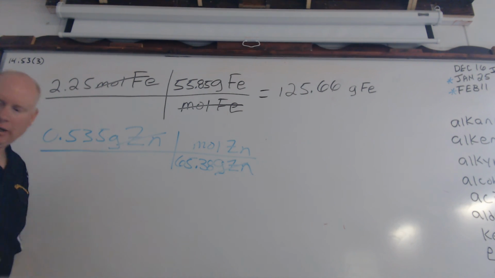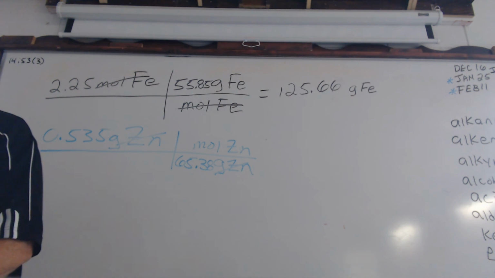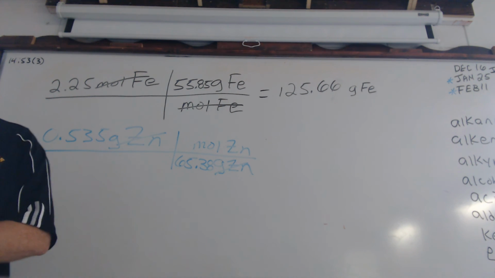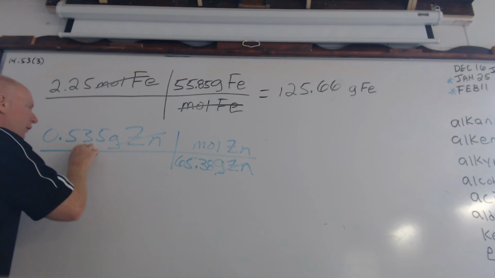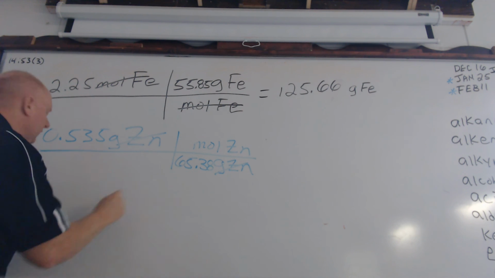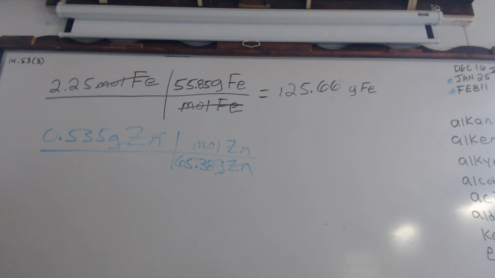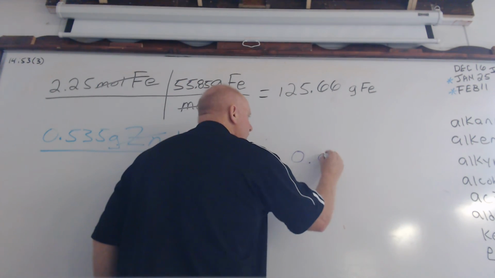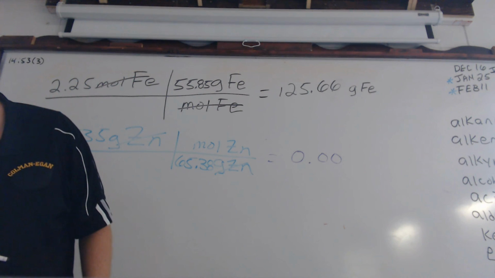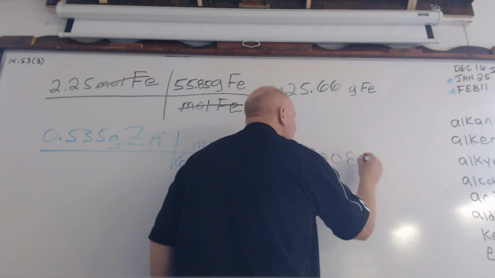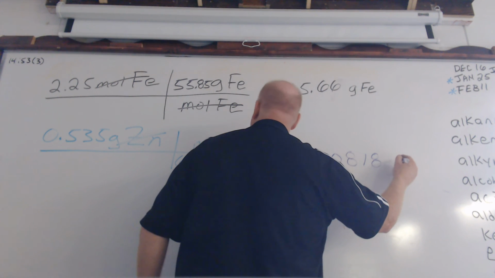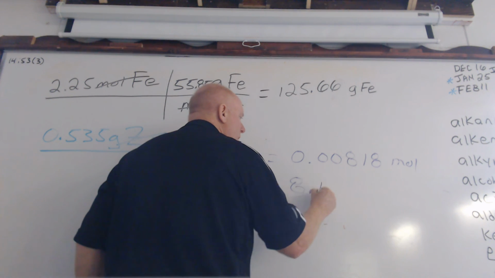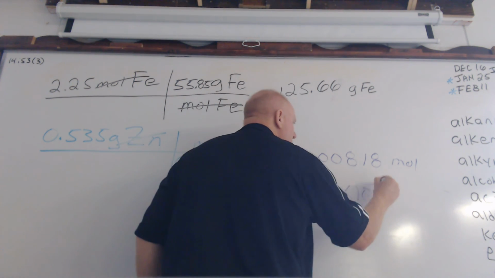The author is saying you should get 8.18 times 10 to the negative third. So you now divide those two, because 0.535 times 1 divided by 65.38. What the calculator might do is spit out this answer, 0.00818, which is the same as 8.18 times 10 to the negative third.